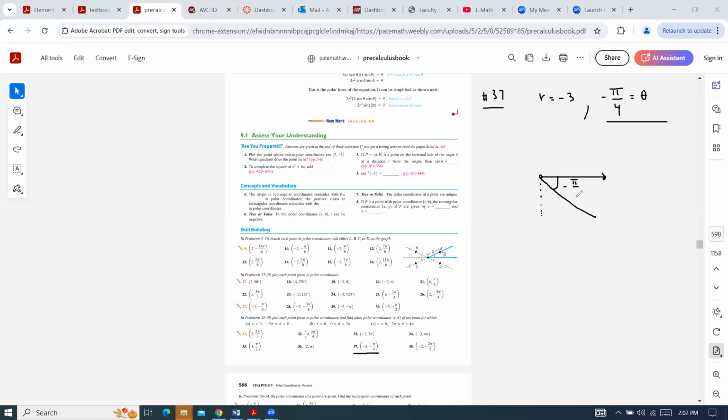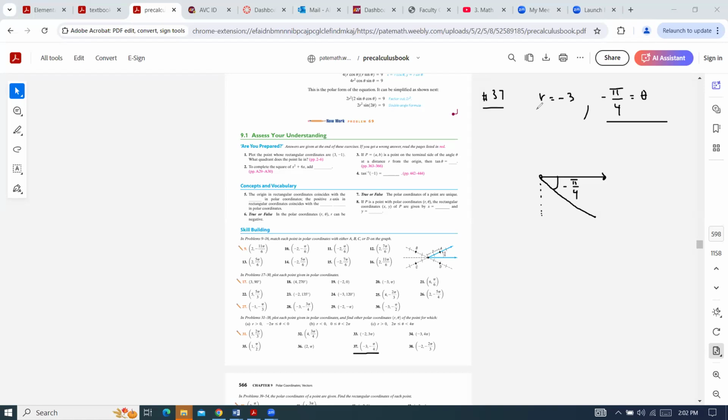You say, Alex, how do you remember? Well, at the end of the textbook there is a circle that shows the relationships: pi is 180, pi over 4 is a quarter of 180, which is 45. So we can always double check.